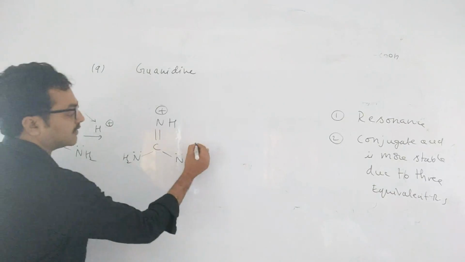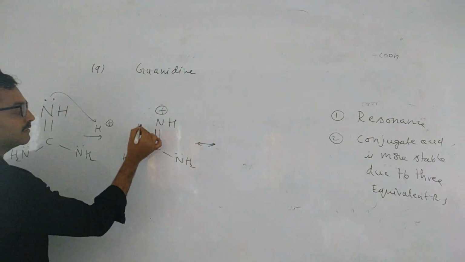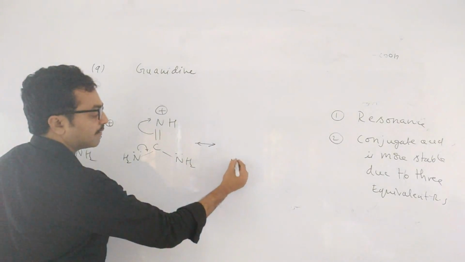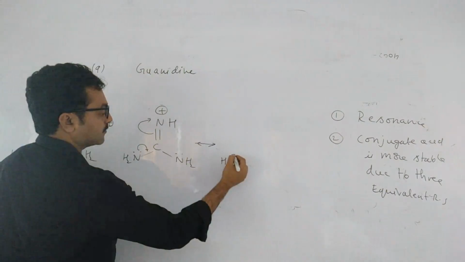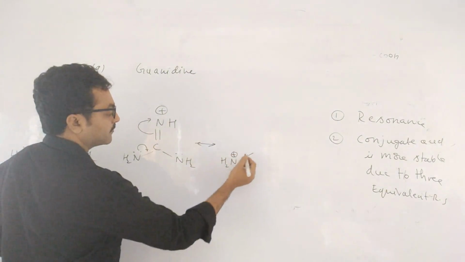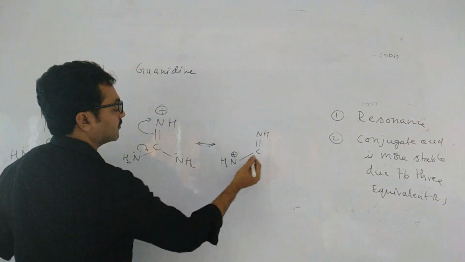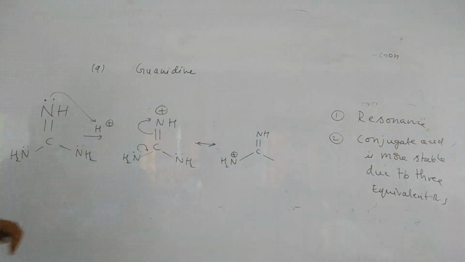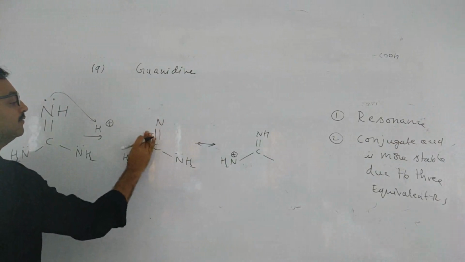This formed one is stable due to resonance. How? This bond you migrate like this, and this bond you migrate like this. So you will get a double bond here now, NH2 plus, C, NH like this. So this will take, sorry, one second.